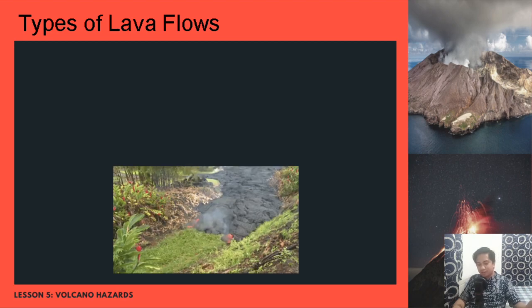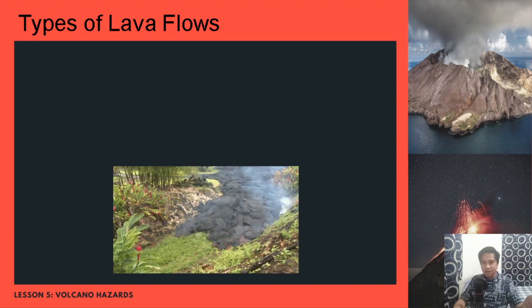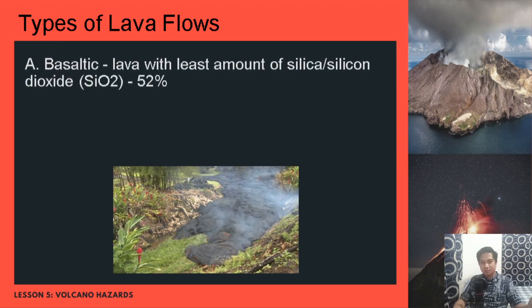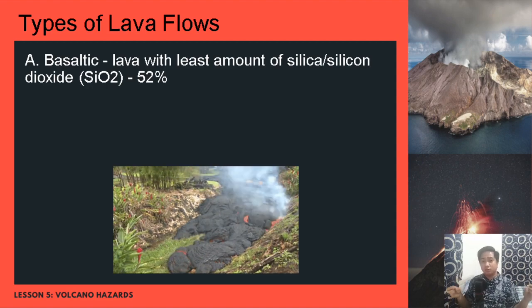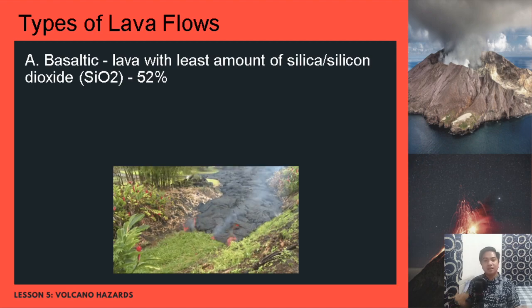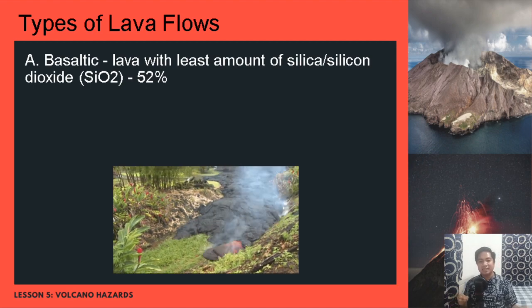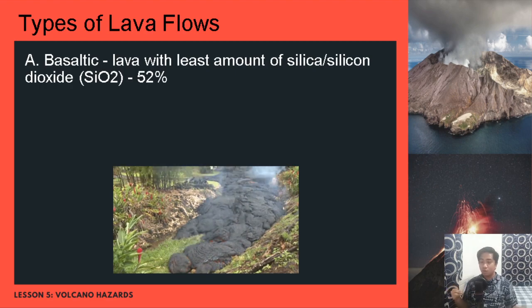Okay. So lava flows can be categorized in different types. So first, let's have your basaltic, or from the word itself, basalt, or your basalt rocks. So basaltic lava flows are the lava with the least amount of silicon. So 52% and below.